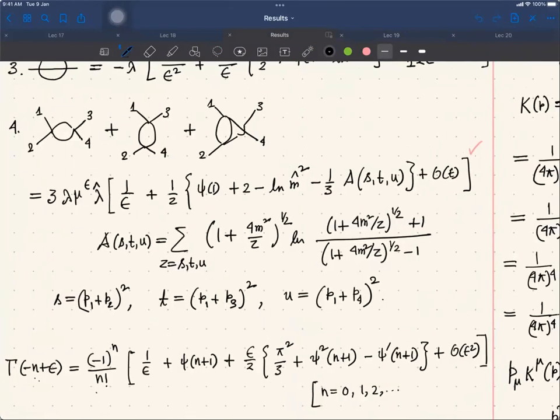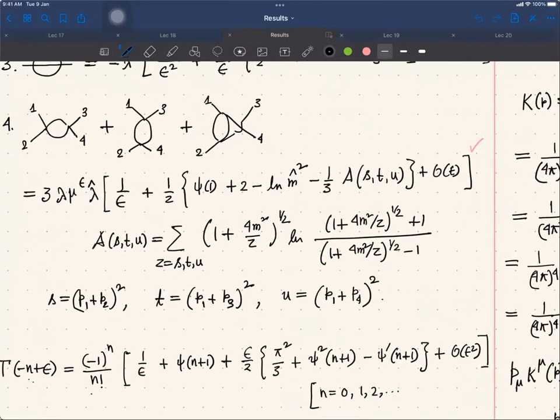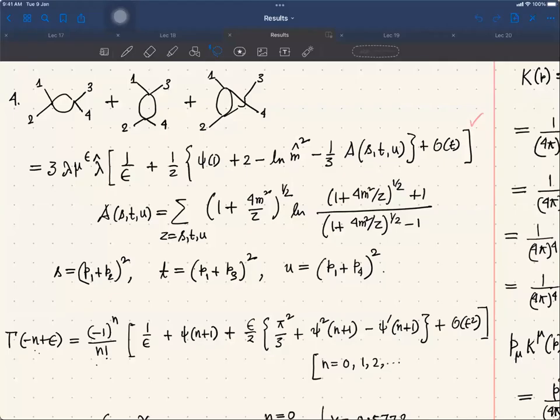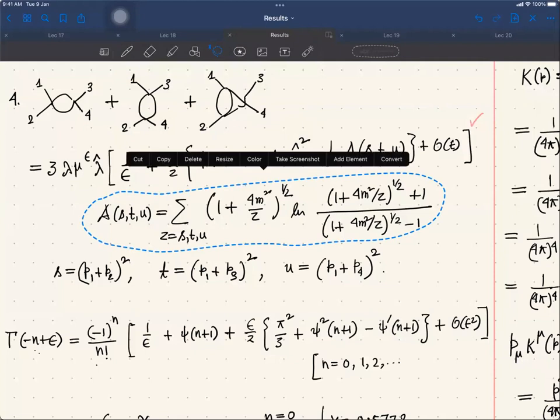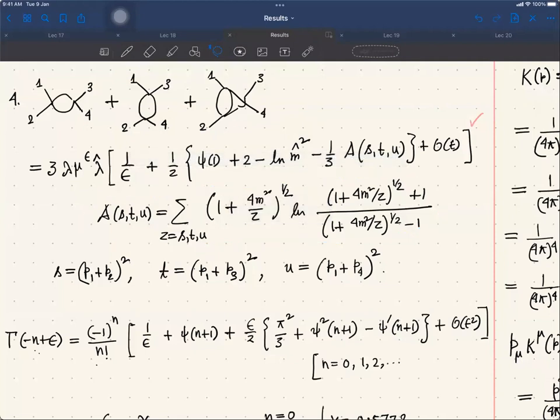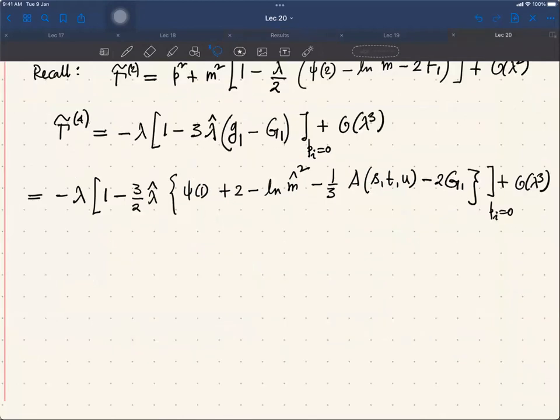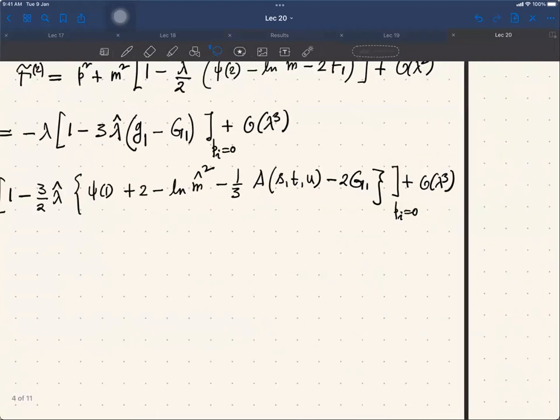This is the expression for A. And if you set all the pi's to 0, we shall use this expression and show that in the limit of all pi going to 0, it approaches 6. That we shall show later.